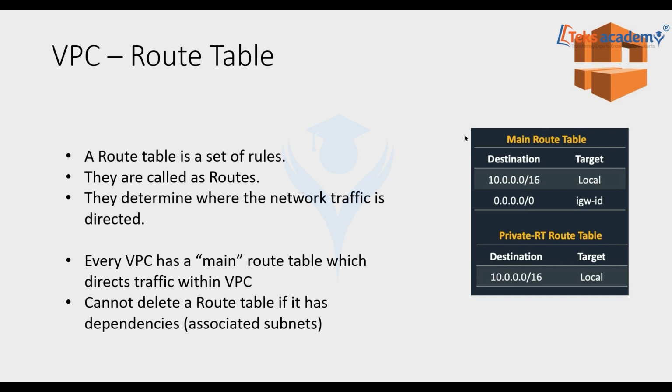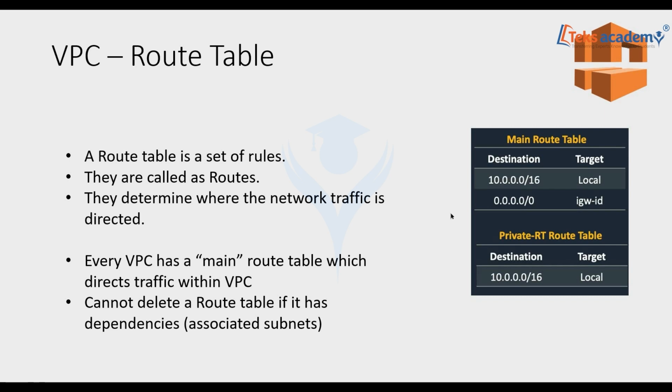That means all the traffic will be directed only within the VPC. Now, if I create an internet gateway, which provides access to the internet, the VPC will get access to the internet using the internet gateway.